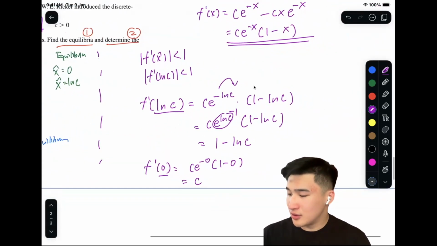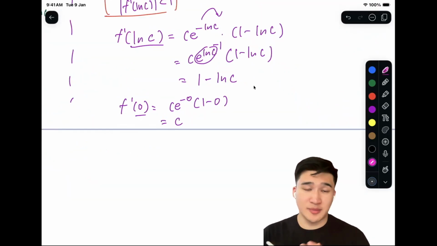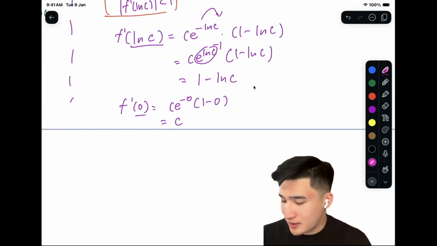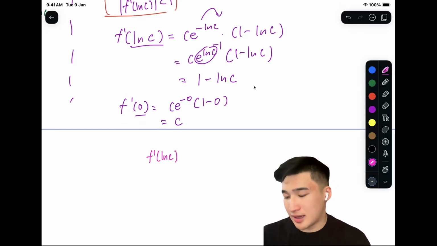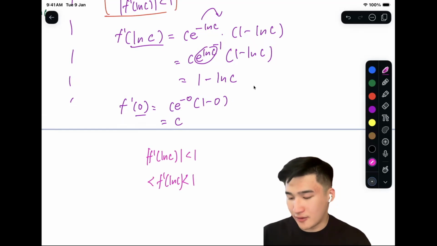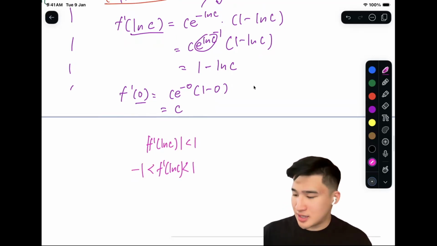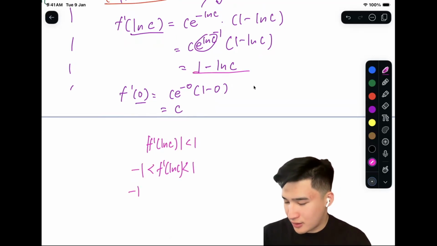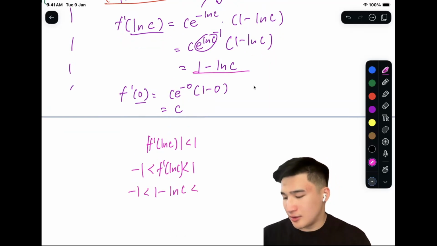Again, because of the stability criterion, the absolute value of f prime natural log c is going to be less than 1. This simply means f prime natural log c is less than 1 and greater than negative 1. Now we can substitute, so we have negative 1 less than 1 minus natural log c less than 1.